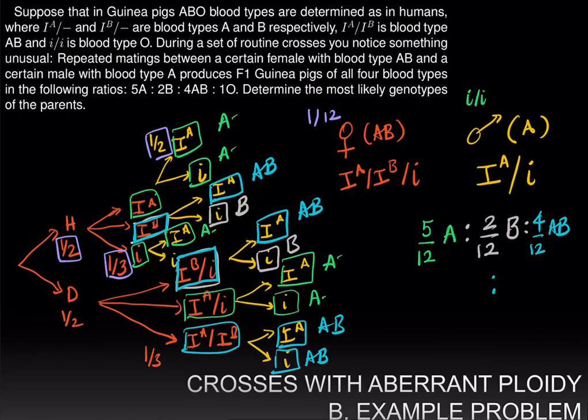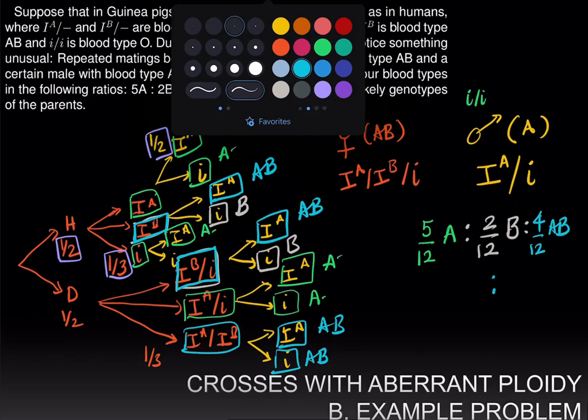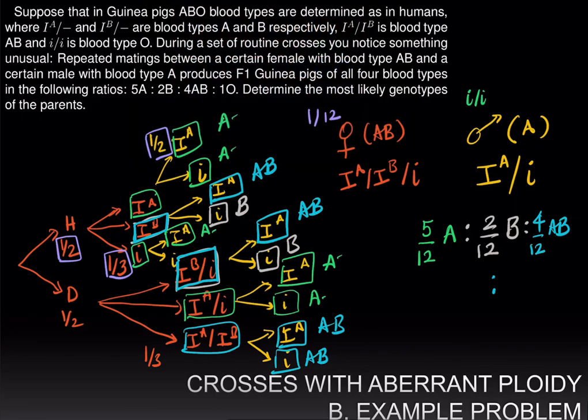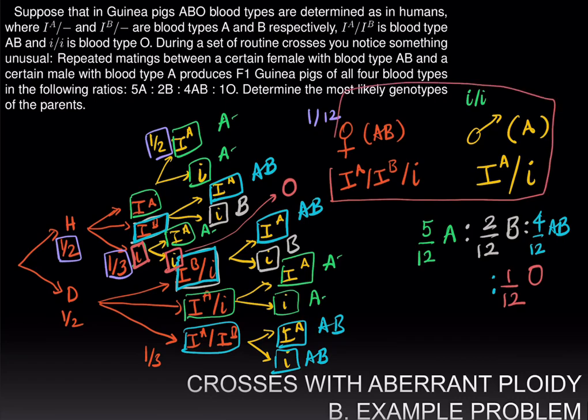And finally, that leaves us with just one situation, which is over here, little i, which will give us blood type O, and that will be 1/12 blood type O. Since the genotypes we inferred give us the observed ratios, these are the correct genotypes of the parents.